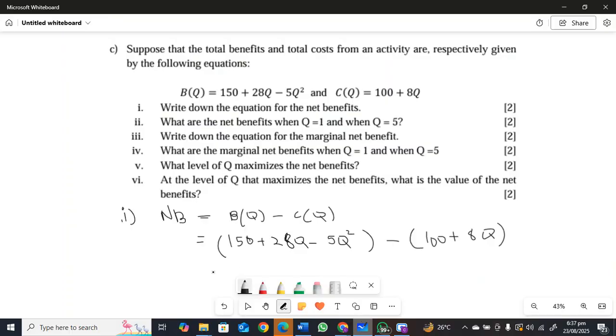So let's tabulate: 150 plus 28Q minus 5Q squared minus (100 plus 8Q).